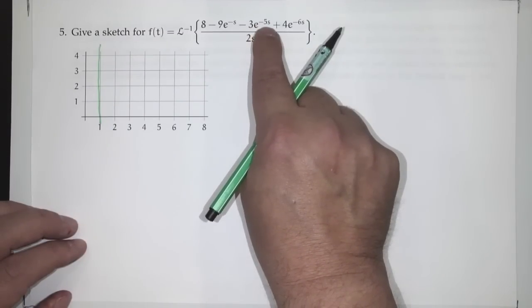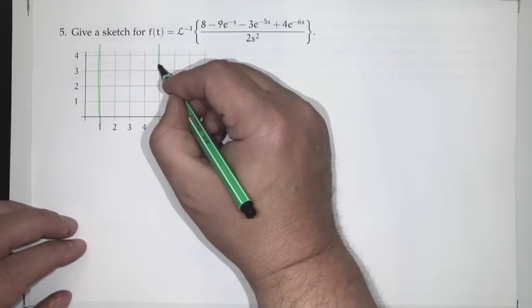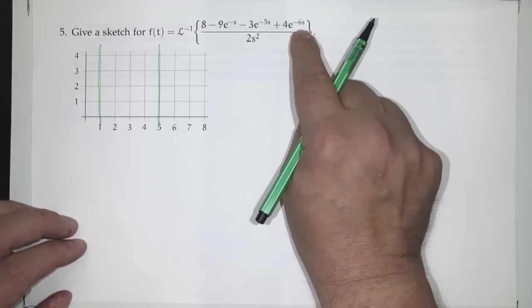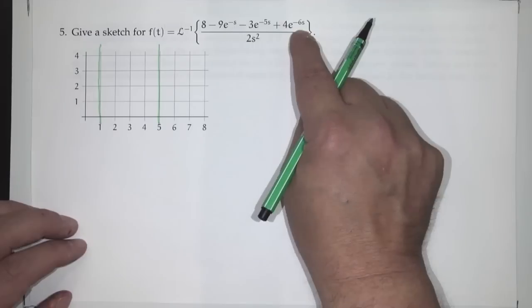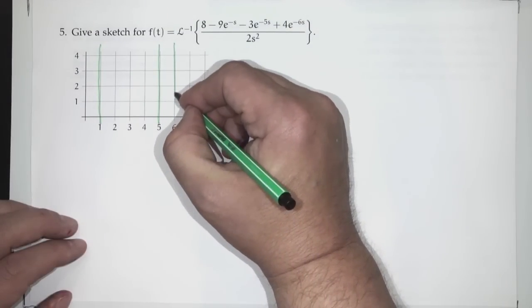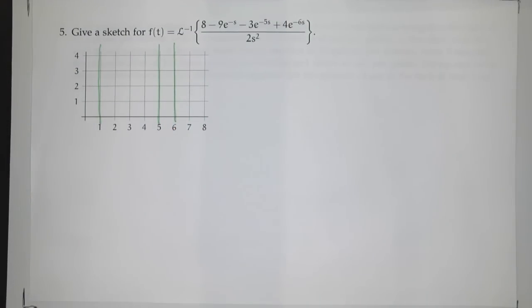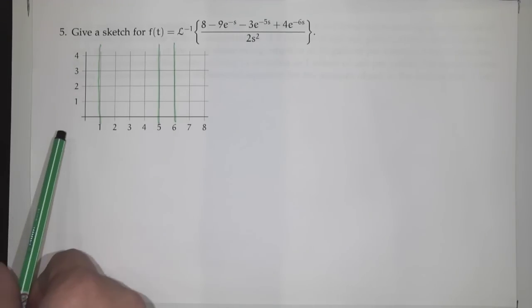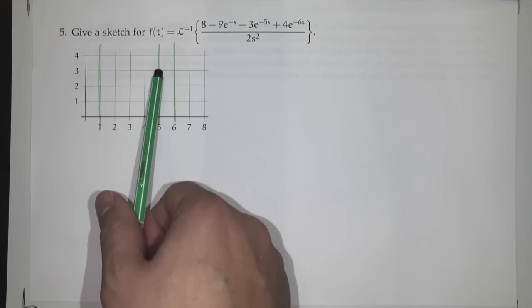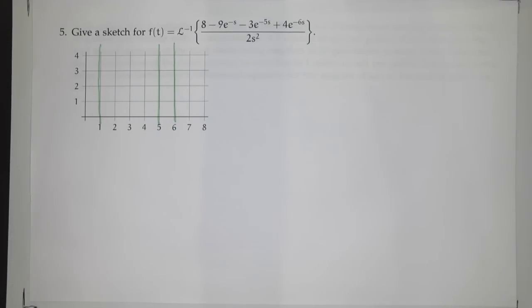At 5, e to the minus 5s. There's going to be some change happening at 5. And finally, there's going to be some change happening at 6. So we have a piecewise function. We're going to have 4 different pieces: from 0 to 1, 1 to 5, 5 to 6, and then after 6.